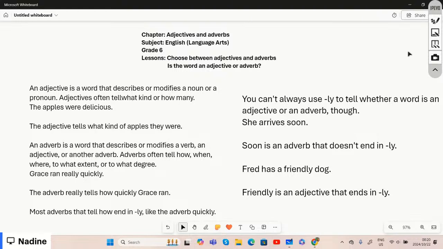Let's say, for example, we have another sentence that says, she arrives soon. What is our either adjective or adverb within that sentence?